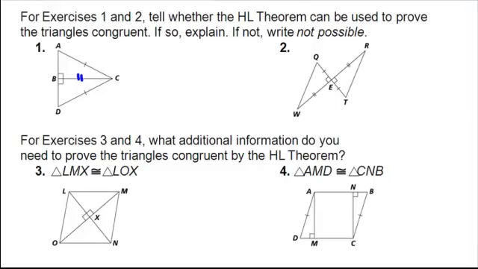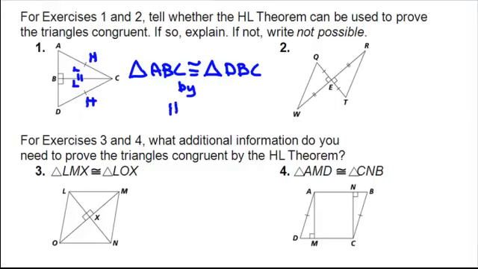AC is the hypotenuse. DC is the hypotenuse. And this common side is the leg. So the answer is yes. Triangle ABC for sure is congruent to triangle DBC by hypotenuse leg.